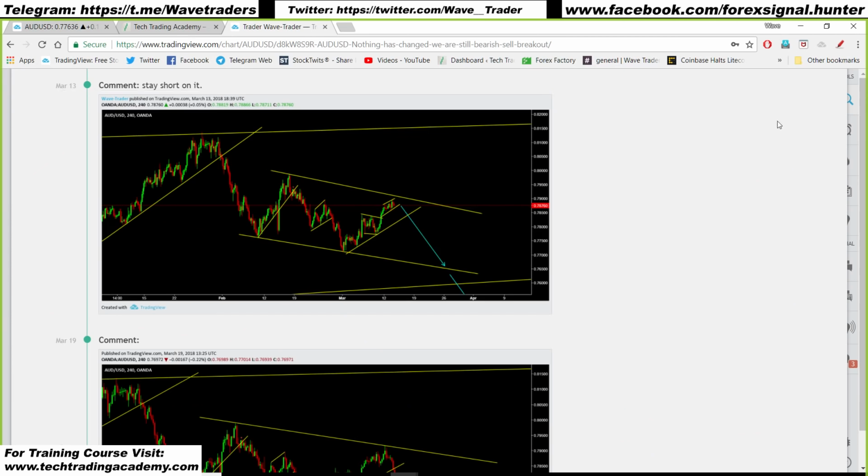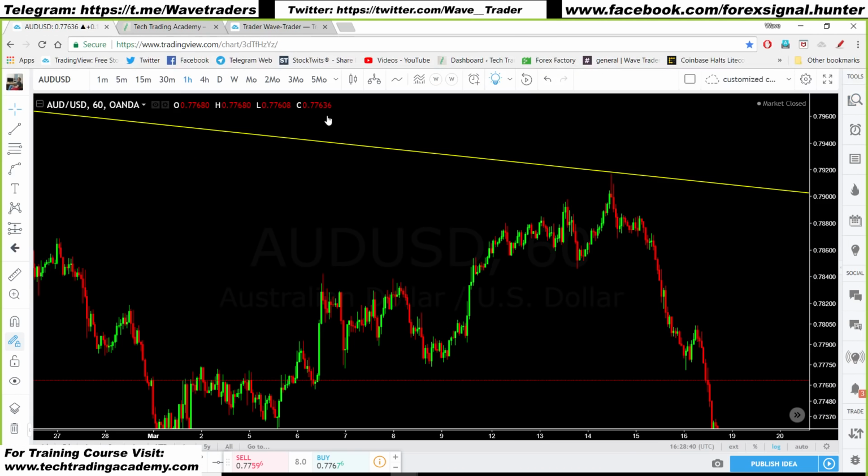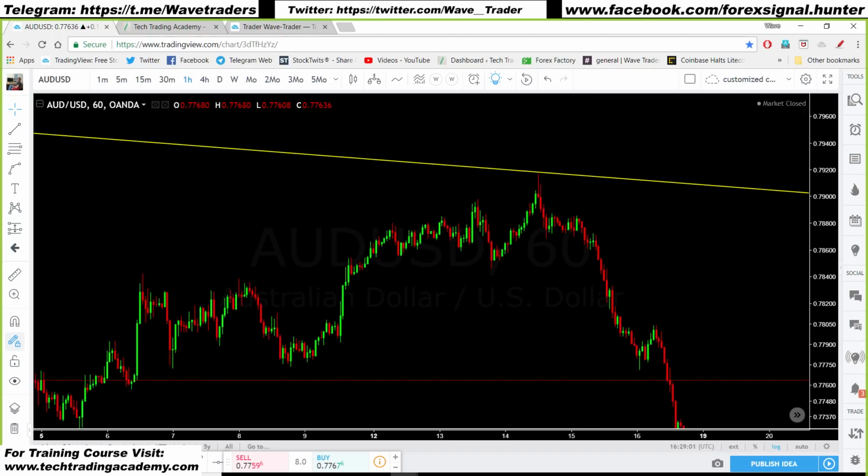Let me show you so that you can learn something. This was the reversal signal. You see that part, and this is the continuation formation, and that was the breakout, and price just kept pushing for the downside. Make sure you see that before going to sell on the current price.